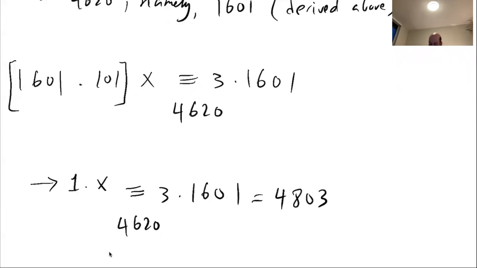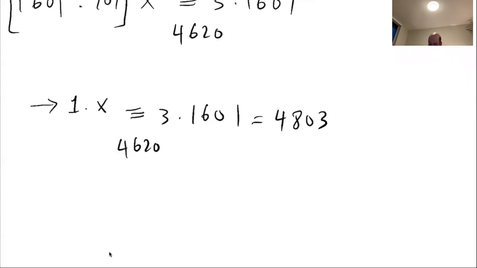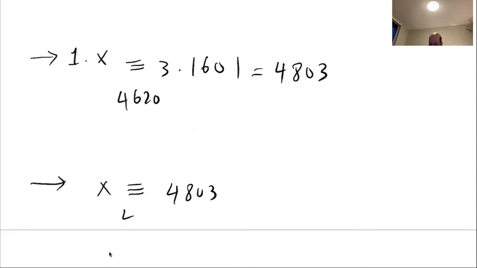Now 3 times 1601 is 4803. So that means X is 4803 mod 4620. But what is 4803 mod 4620?